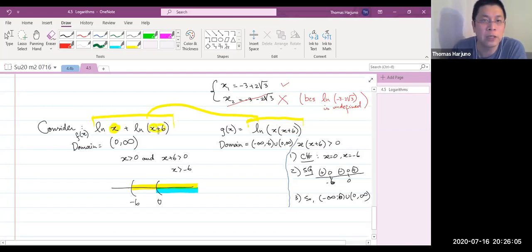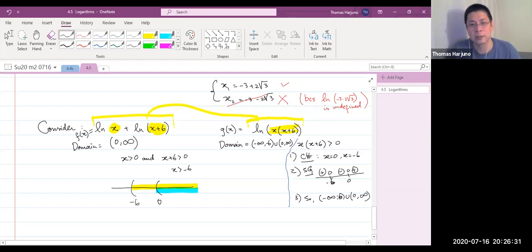Now notice that if this guy is positive, this guy is positive, the product is positive, right? But it is possible that x is negative and x plus 6 also negative, and therefore it's not in the domain of this fx. However, the product of negative and negative is positive, and suddenly it becomes in the domain of gx.